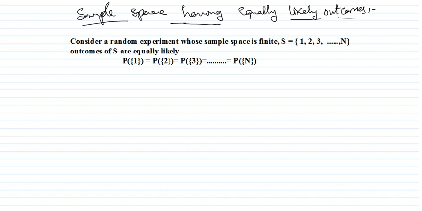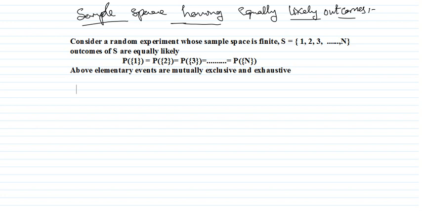Then you can simply say, let me write it. The probability of the singleton 1, plus the probability of the singleton 2, plus and so on, plus the probability of the singleton n, is equal to 1, because the union is equal to the sample space, and they are mutually exclusive, so their union you can write as a sum.